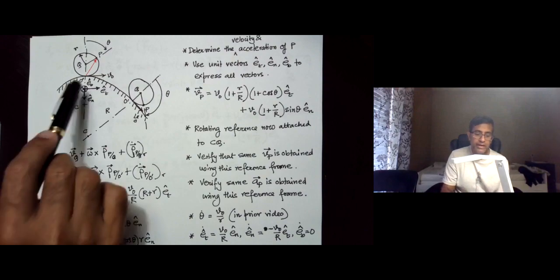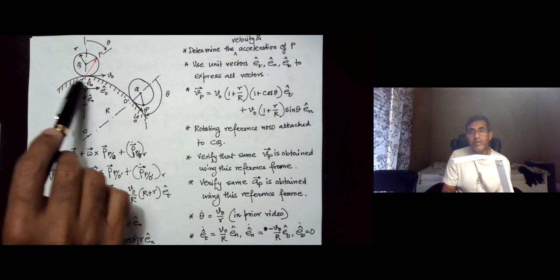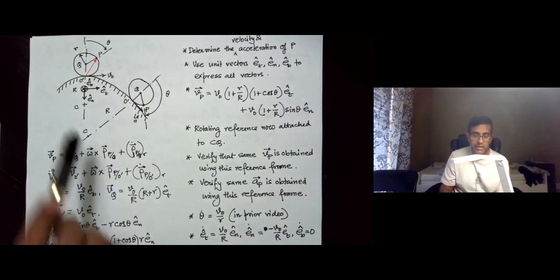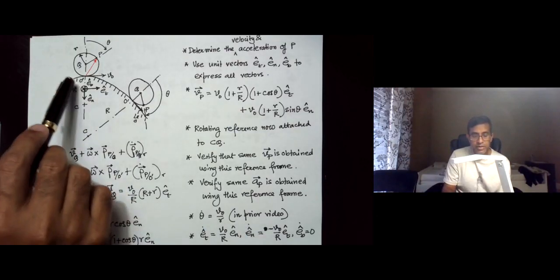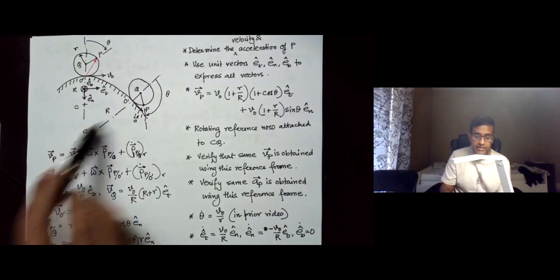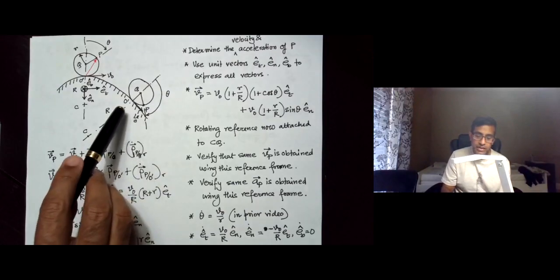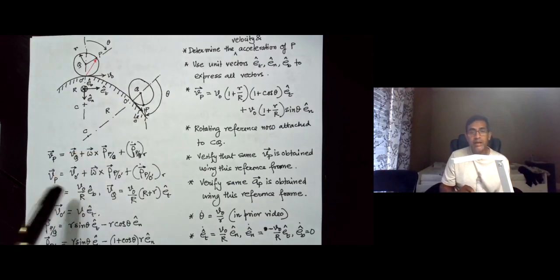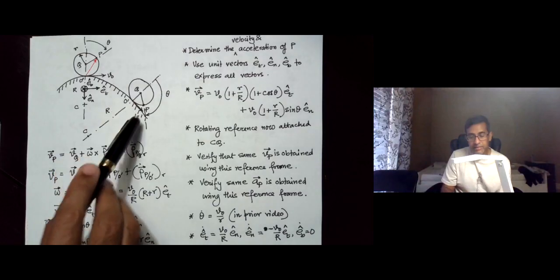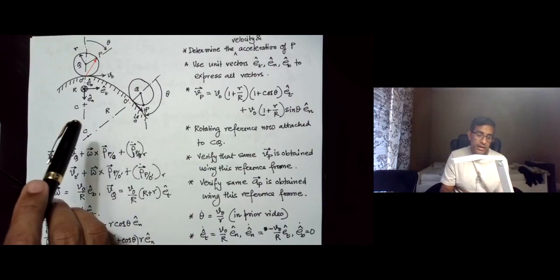That point of contact is moving with a constant velocity v0, which is always tangential to this curved path. So this is one configuration of the disk, and sometime later this is the configuration, and you can see that O prime still has a velocity of v0 tangential to this surface.